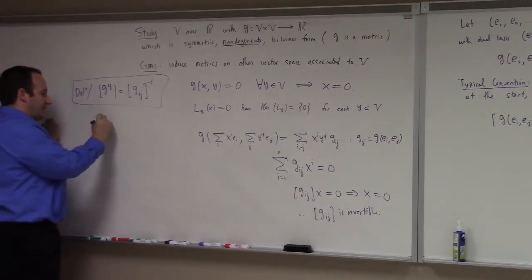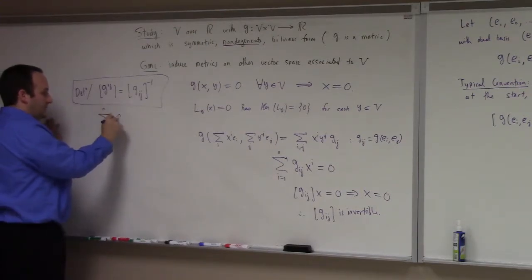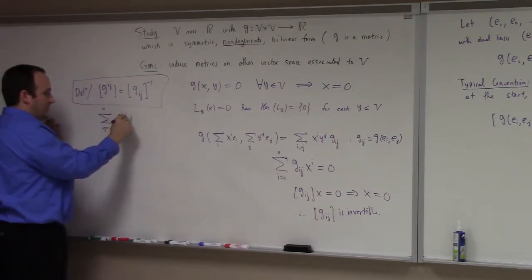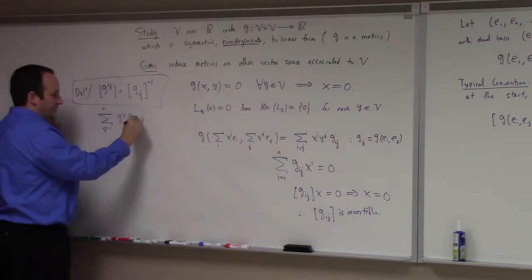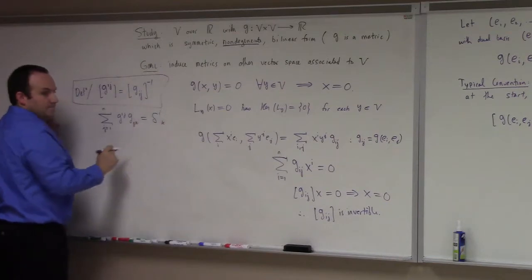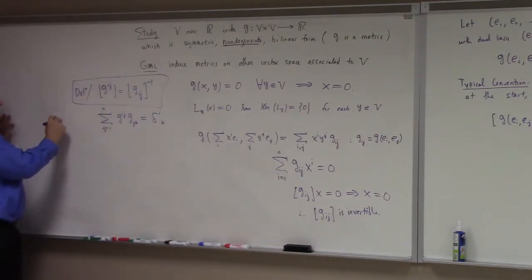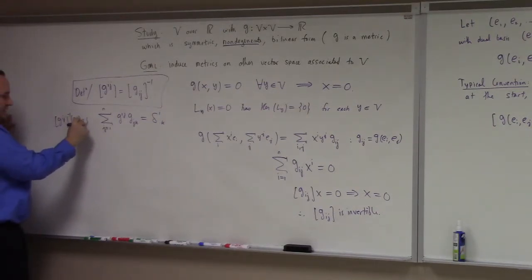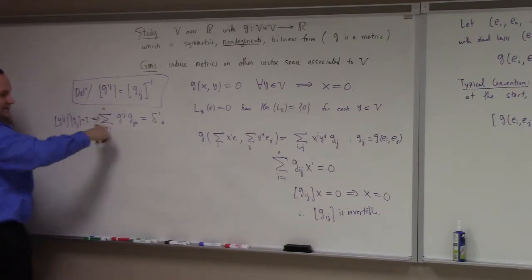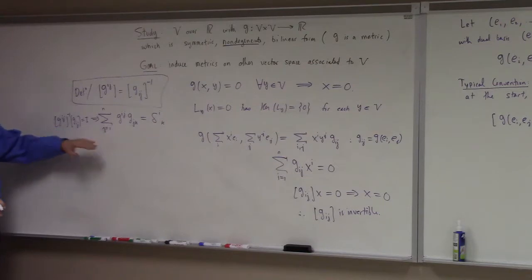That means that if I have the sum over j equals 1 to n of g^ij g_jk, I get the Kronecker delta ik. It's an inverse. So this is what g_ij inverse times g_ij equals the identity matrix looks like when you look at it in components. The ikth component of the identity matrix gives us this tensor formula.